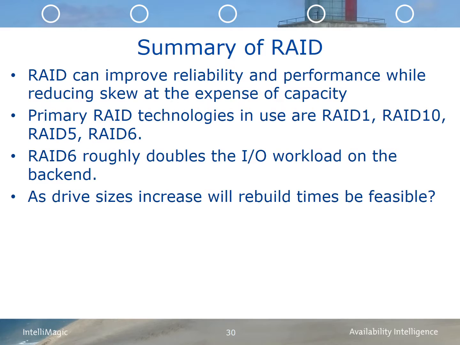RAID 6 roughly doubles the I/O workload on the back end on average, and in terms of random writes, RAID 6 has an overhead of 6 IOs per random write. So it's very write overhead intensive. Another thing to consider as we continue to see larger disk drives is the increase in rebuild time required, and how much longer can we use the traditional RAID technologies and still have reasonable rebuild times. So those are some things to think about and understand with regards to RAID technology.